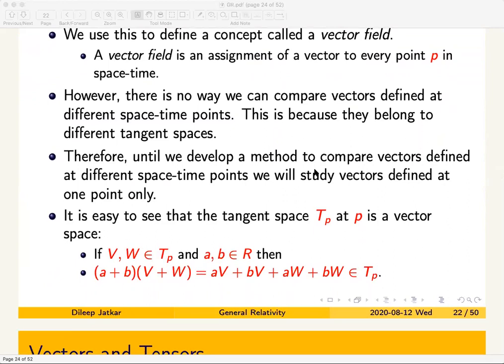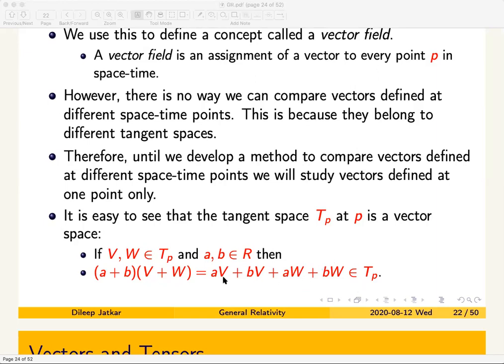Now the tangent space T_P at a point P is a vector space, and that's a trivial thing to see, in the sense that if V and W belong to the tangent space and a and b are real numbers, then (a+b) times (V+W) has a distributive property, and it would be aV + bV + aW + bW.